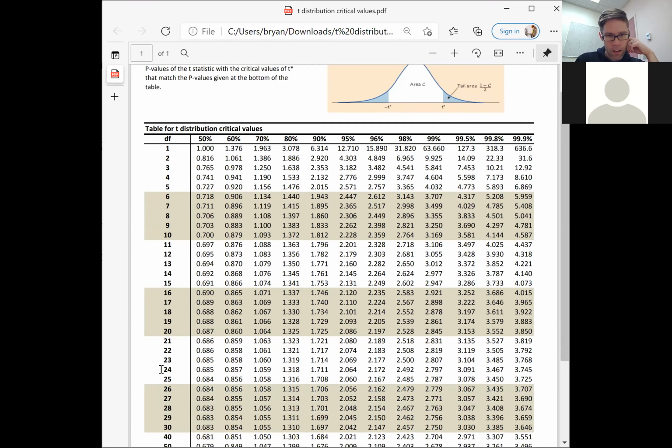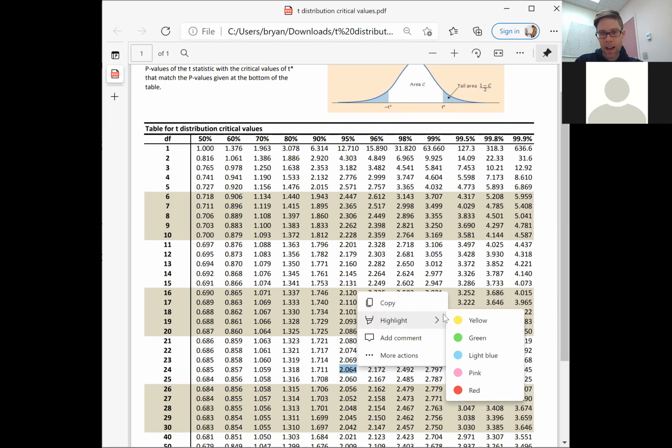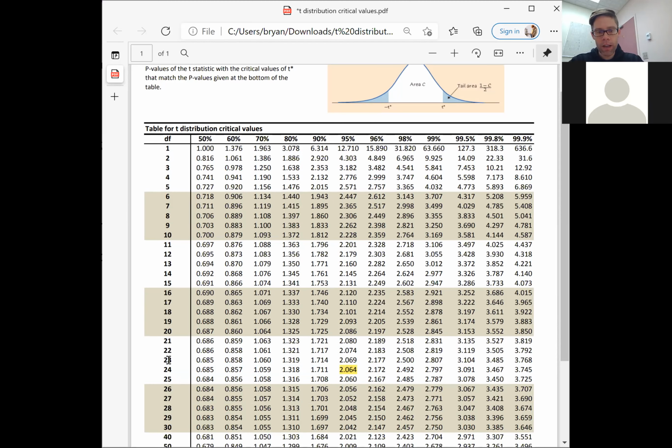We're going to scan along row 24 and find the intersection of row 24 with the 95% column. So there's a column up here that says 95%. We'll scroll down. So we're going to take 2.064 as our value. Okay, so the intersection of row 24 with the 95% column.